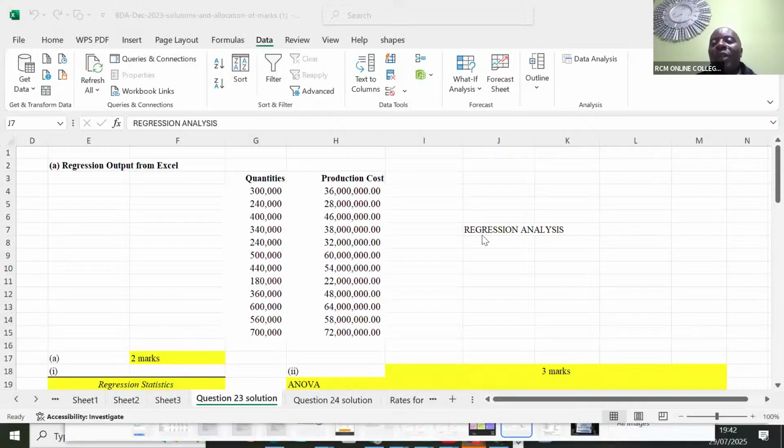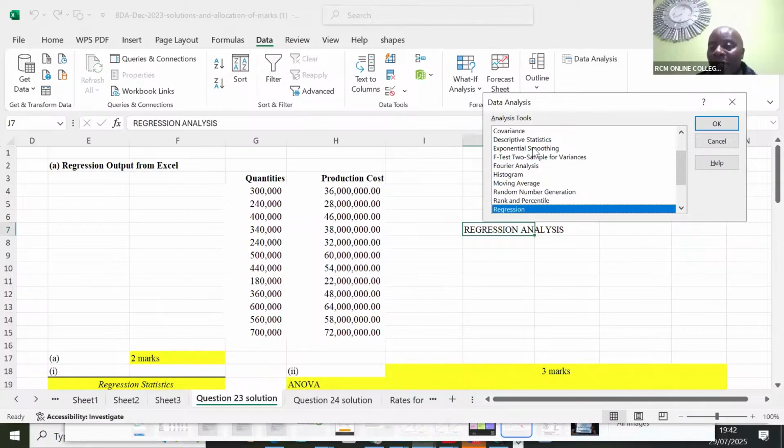Now, ladies and gentlemen, please listen to me very well. Whenever it comes to regression analysis, this really is the easiest topic, remember. So what are we supposed to do? Once you are able to get this data analysis tool, click it. There are very, very many tools.